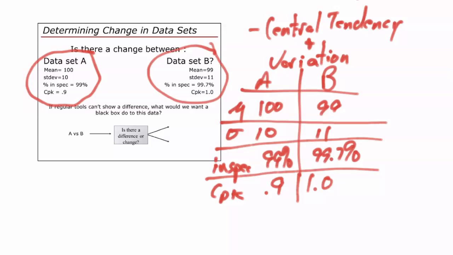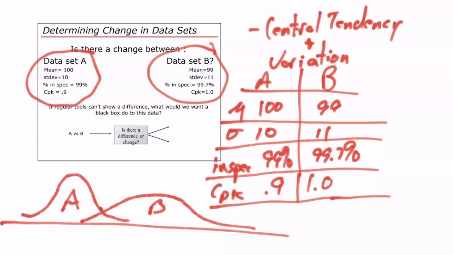Another technique might be to take a look at the process capability metric CPK. Of course, we could do histograms and compare the histogram output. All of these are techniques that could be used to show that there was a change.